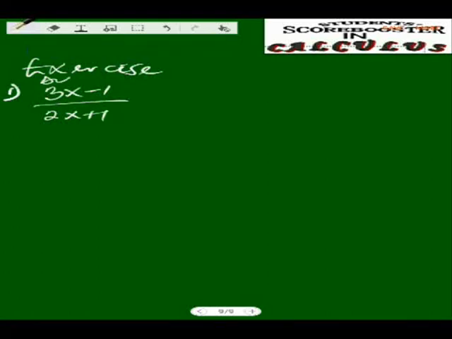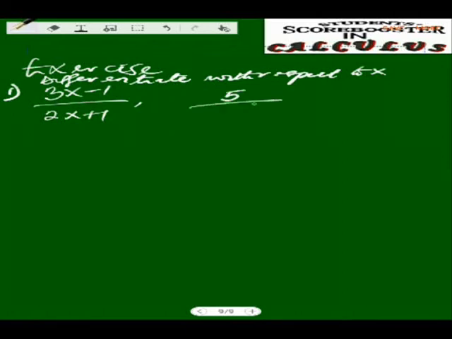The question is just differentiate with respect to x. So if you differentiate this one, your answer is going to be 5 over 2x plus 1 then squared.